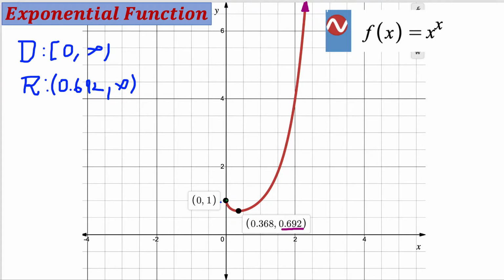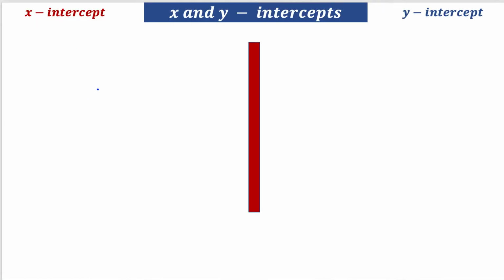Now let's justify the point of intersection, 0 and 1. X-intercepts, for example: if we're looking for the x-intercept, let me take this red. We are looking at y equal to 0. We set y equal to 0.